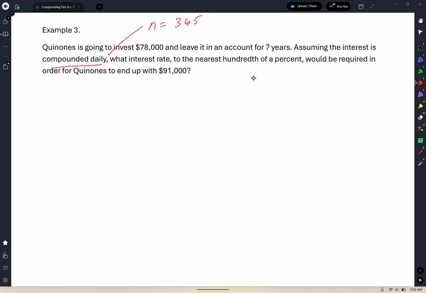All right, so this is my initial amount, and that's what I want. So 91,000 equals 78,000 times (1 plus r over 365) raised to the power 365 times 7 years.